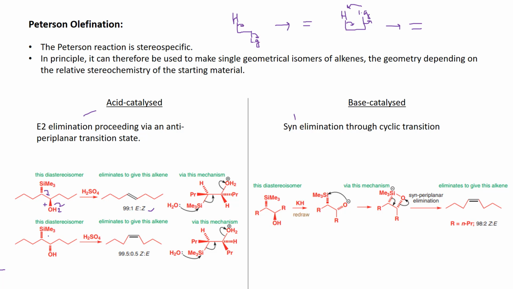Now suppose both groups are on the same side of the substrate, both below the plane, and you are performing an acid catalyzed Peterson olefination. That is not possible, because the leaving group and the eliminating silicon group should be anti-periplanar to each other. So you just have to rotate this bond so that the stereochemistry of this one changes.